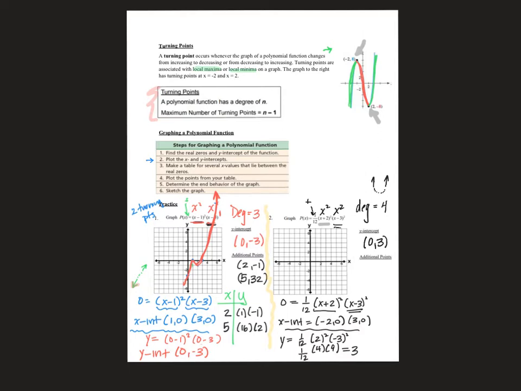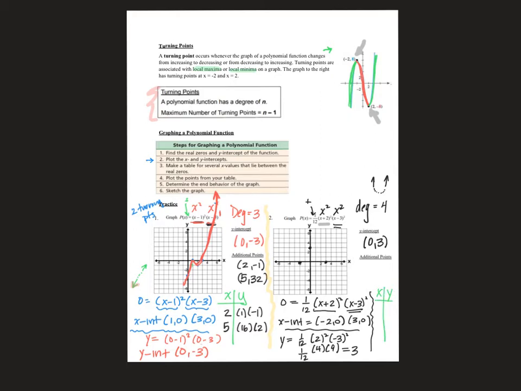Let's plot those points. So I have an x-intercept or a zero at -2. I have an x-intercept or a zero at 3. And I have a y-intercept at +3. Now, to get a little bit more accurate, let's find some additional values. So making a table, leave myself very much space.